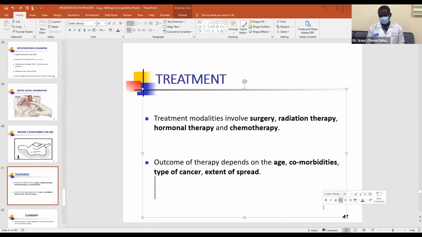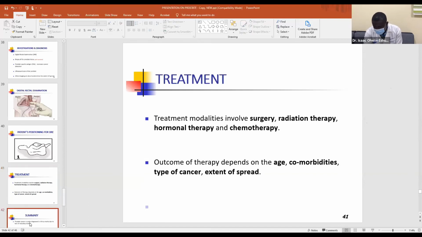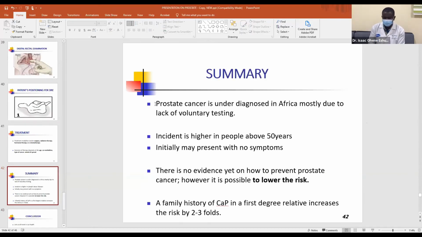So to summarize, this is what we have discussed within this 1 hour lecture: that prostate cancer in Africa, or among Blacks, is mostly underdiagnosed. The reason is because we haven't really been keenly interested in going for self-medical checks.